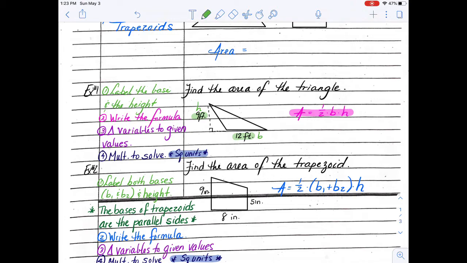And then we're going to go ahead and replace those variables with the values that I know. Well, I don't know the area, so that's going to stay A. 1/2 is already a number. That base is 12 feet. That's what that base was. And then the height you labeled was 9 feet.